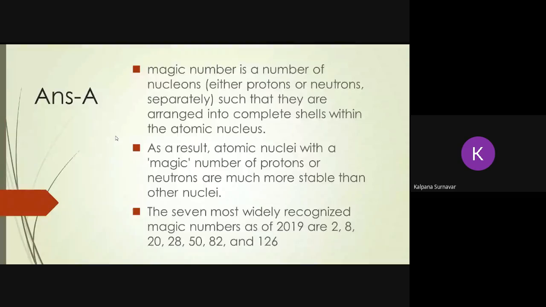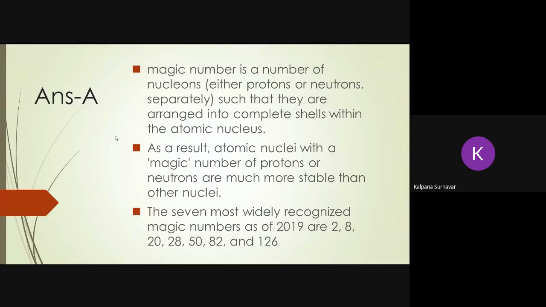Question 6 is a theoretical question. The set among the following in which all numbers are magic numbers of nucleons. Here the options are given, and out of them the first option is the correct option. The nucleons are the protons and the neutrons. The magic number is a number of nucleons such that they are arranged into complete shells within the atomic nucleus.